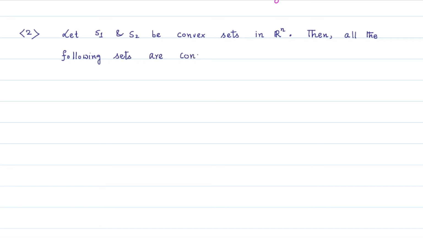At first, the Minkowski sum of S1 and S2, which is defined as the set of all points x in Rn such that x can be presented by addition of a point x1 in S1 and x2 in S2.